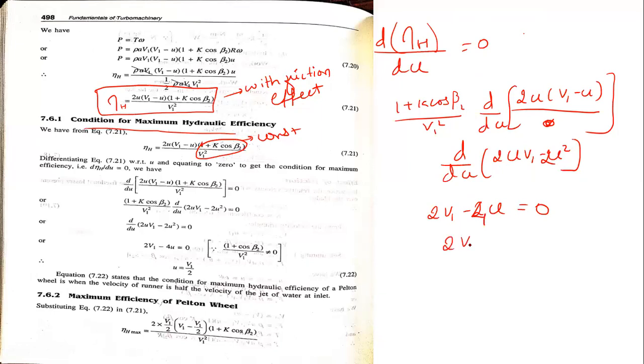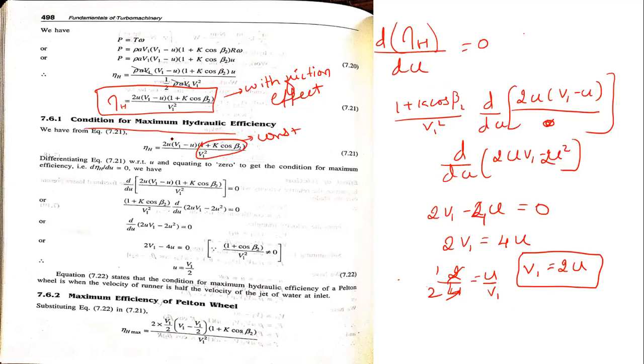So that becomes 2V1 equal to 4u. So 2 by 4 is equal to u by V1, so 1 by 2. Or we can say V1 is equal to 2u. This is the condition for maximum hydraulic efficiency.